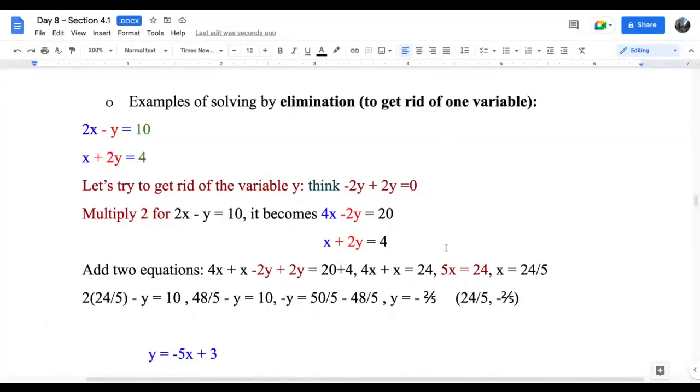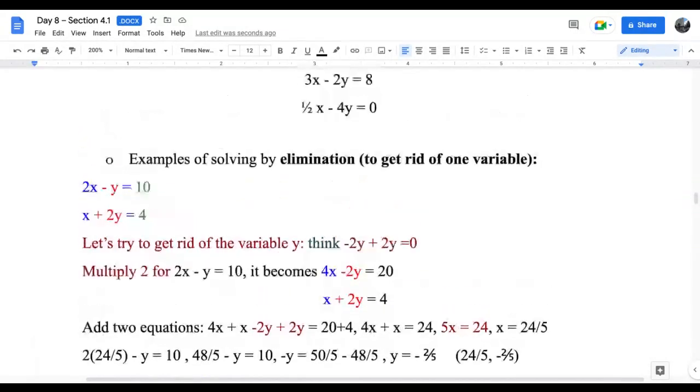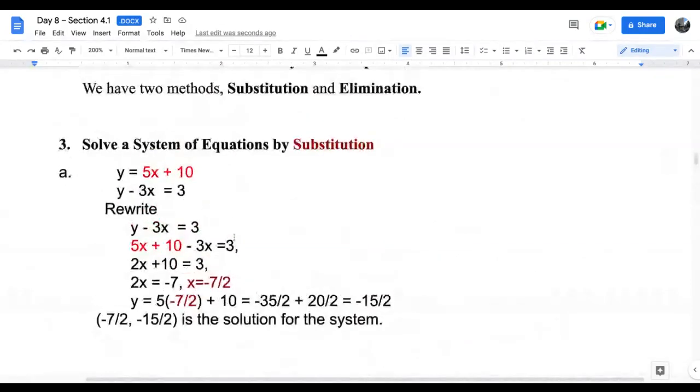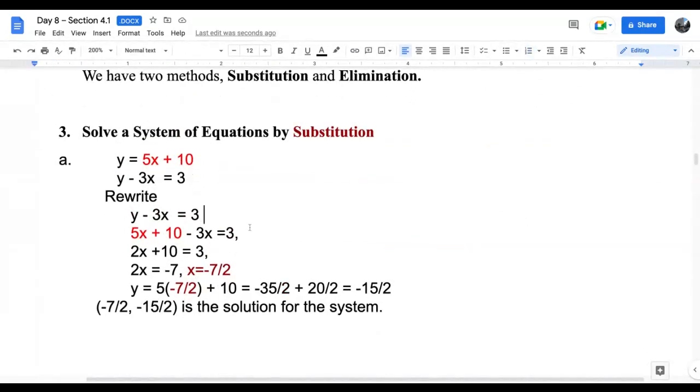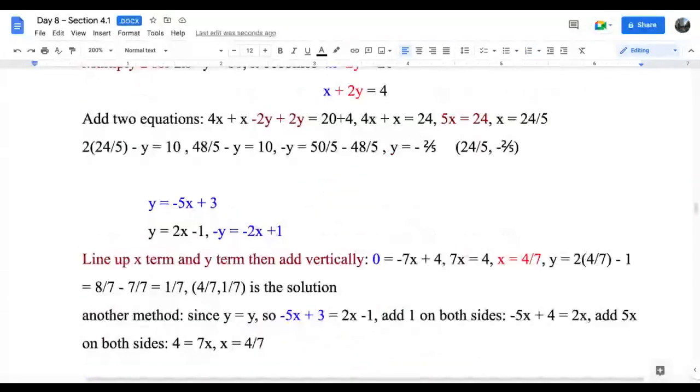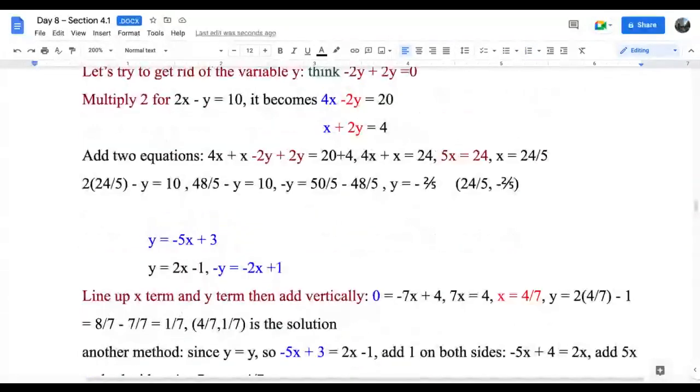So just to clarify, the first thing to do is to isolate one of the variables. That's for the substitution method, to isolate one variable. Understood. Elimination, we don't have to isolate. Elimination, we want to line up.